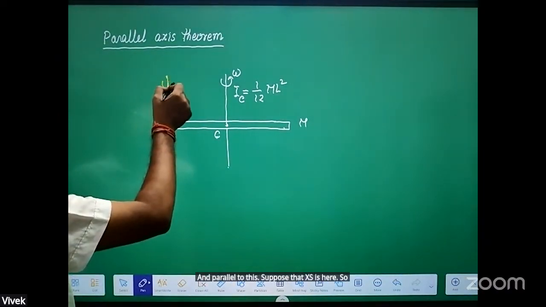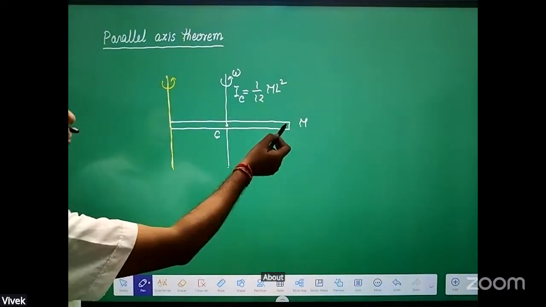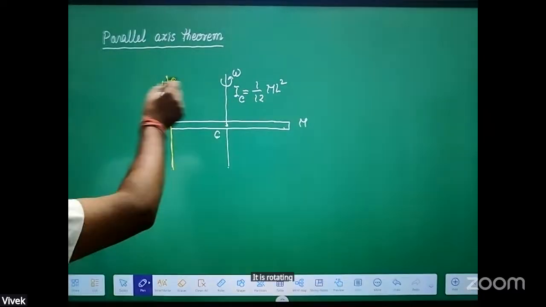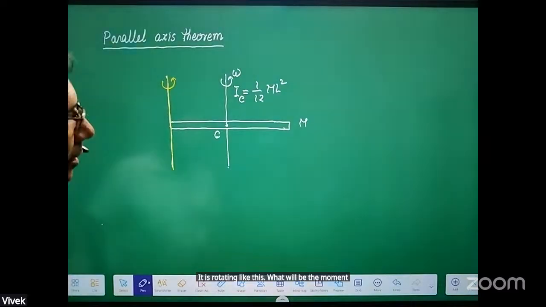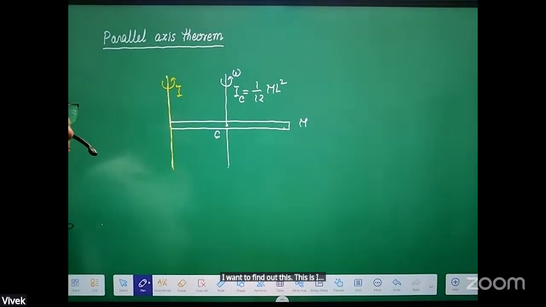So now the question is, what will be the moment of inertia about this? If you are rotating this rod about its end, like this, I want to find out this I. So what is the formula?